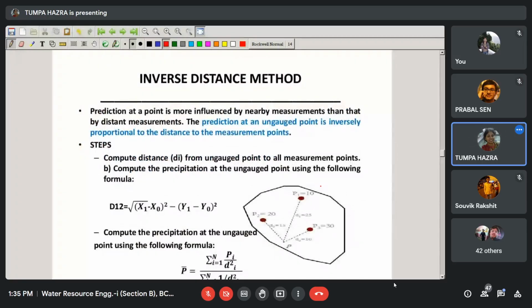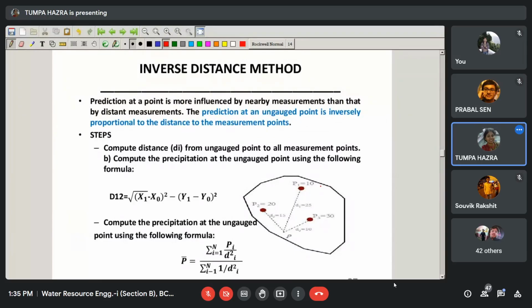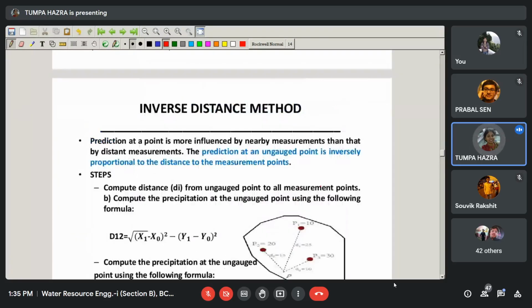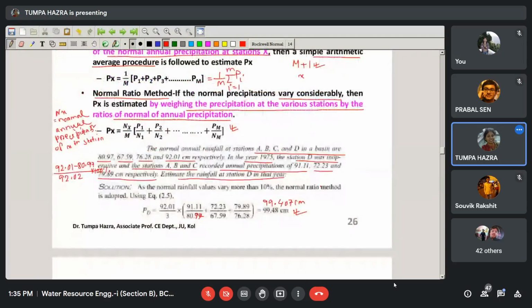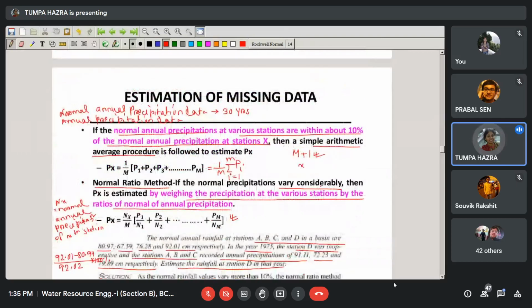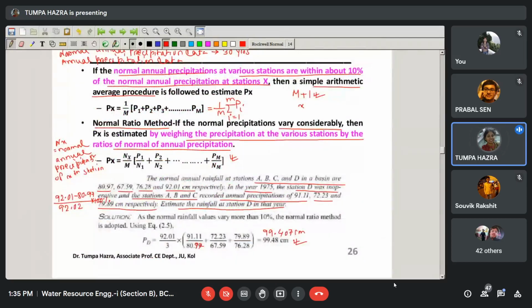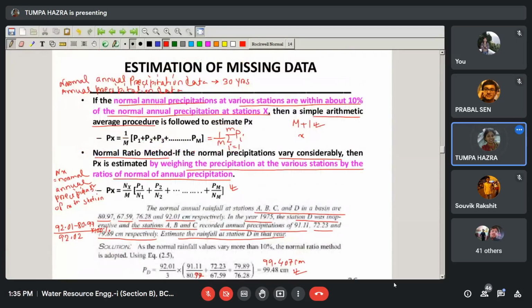Now there is another method, that is the inverse distance method. I have told you that if normal annual precipitation data exists for all the m plus 1 stations, then you will use the normal ratio method.